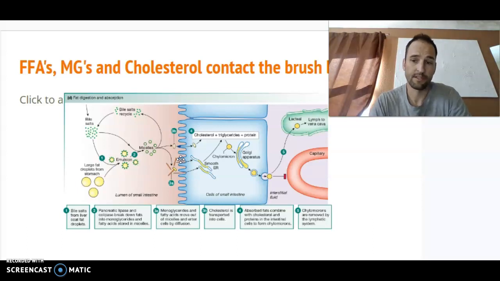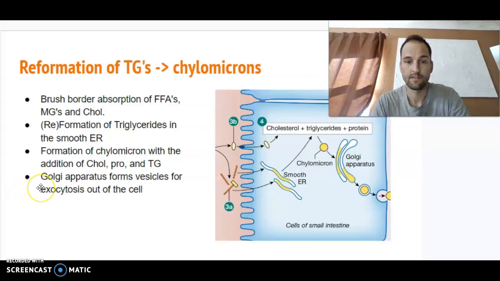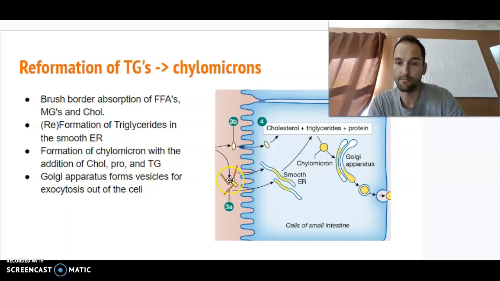At this point in time as well, cholesterol is also transported. So they're making it into the cell, and again we have a formation of how the free fatty acids, cholesterol, and monoglycerides are at the brush border. They make it in.